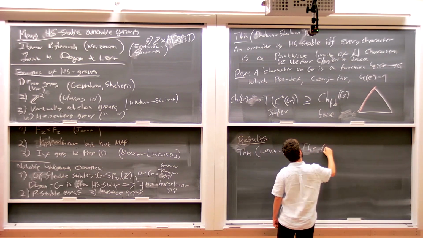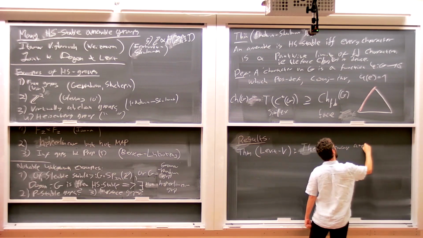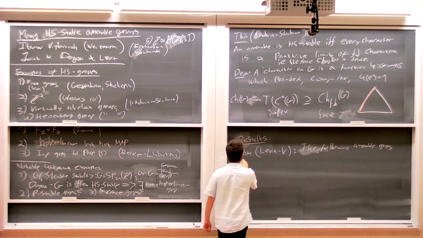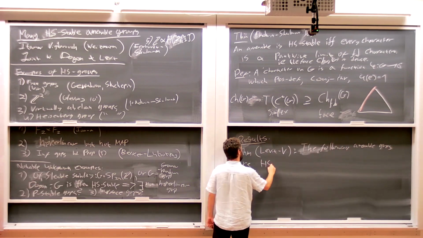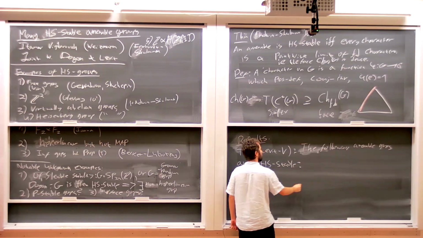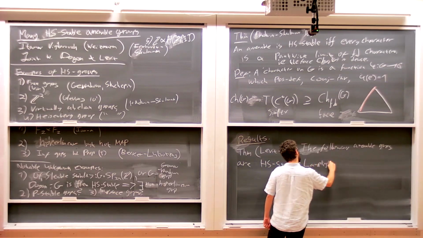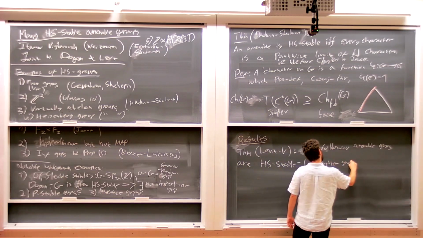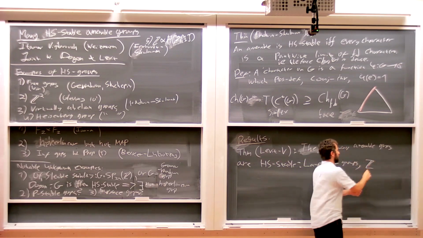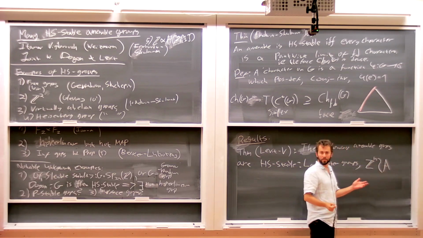The following amenable groups are Hilbert-Schmidt stable. Lamplighter groups, but in fact, more generally, whenever you take a finitely generated abelian group and take its wreath product with any abelian group, this is fine.